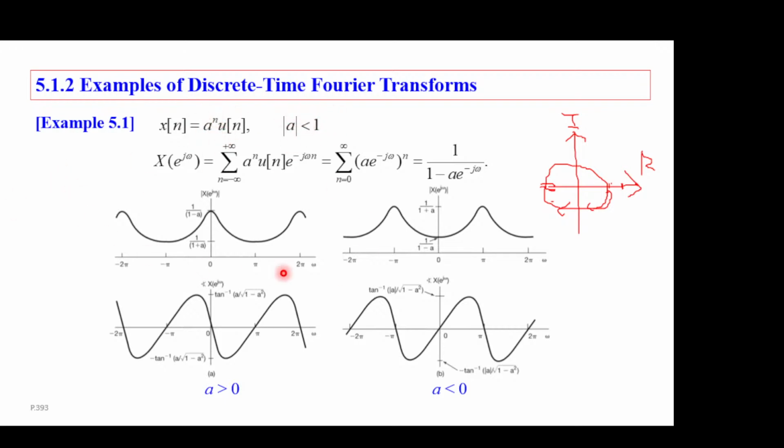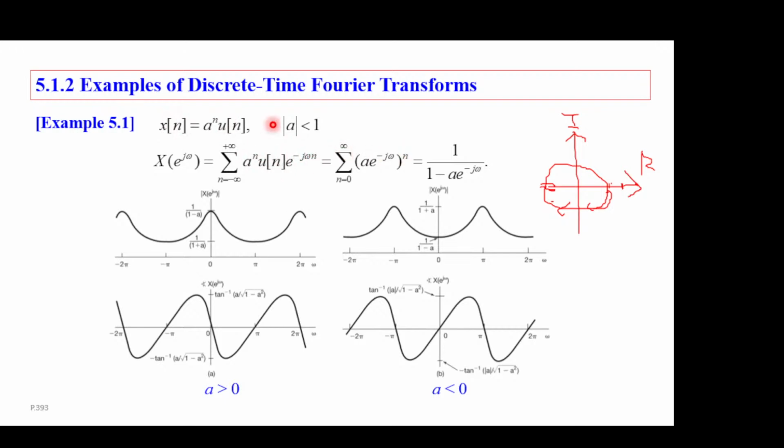Okay? So it's an exponential decay, but a is actually a complex number, so it's a bit weird. But anyway, we can still plug in our formula. Our big X formula is the summation of small x times e to the minus j omega n.